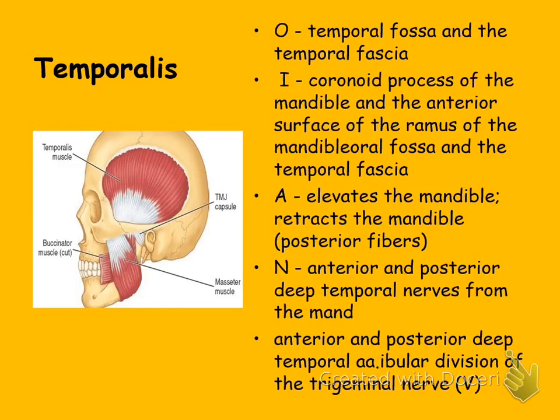Yep. The temporalis originates on the temporal fossa and the temporal fascia around the temporal bone. So above the ear. So when you bite down, you can see up in here, sometimes people's faces will kind of move, especially if they're really tense and clenching their teeth. You get these bulging bumps on the side of their temporal bone.